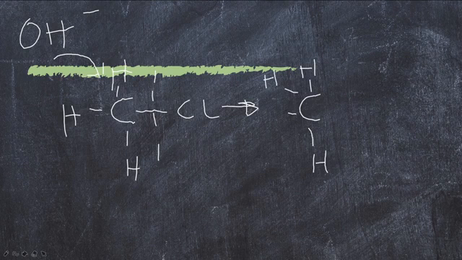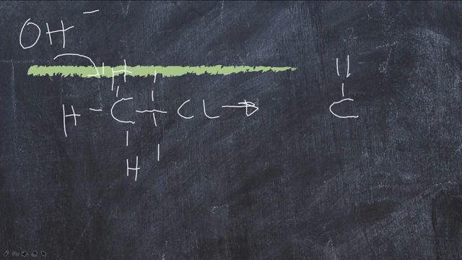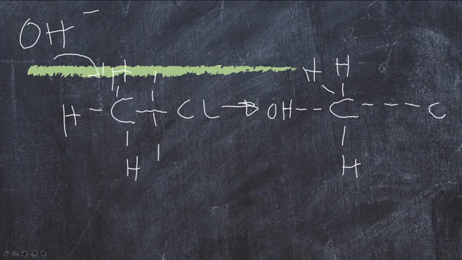So let me just erase this entire thing so I can get the space to illustrate what I'm saying correctly. So I have the C. Now the H is here, and the second H is here, and the third is here. Now the OH is coming to attack. This is the OH. It's still attacking. It's still bonding. We can see from the double line that it's still forming a bond, and this bond is still leaving, the Cl.